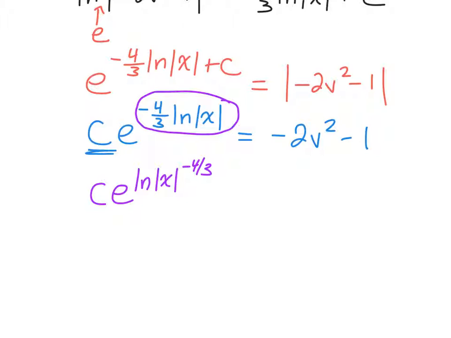And e to the ln of x to the negative 4/3 becomes what? What happens between an e and an ln? What's the relationship? They're inverses of one another, so they cancel. So you're just going to be left with this. Do I need the absolutes anymore? No, because I asked the question, right? But what's the real reason why?